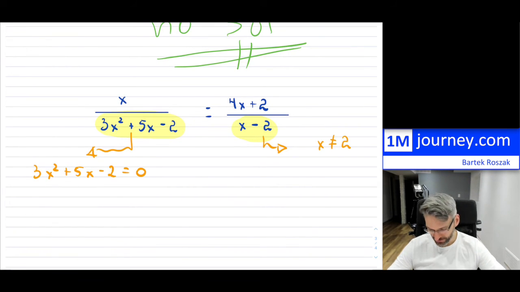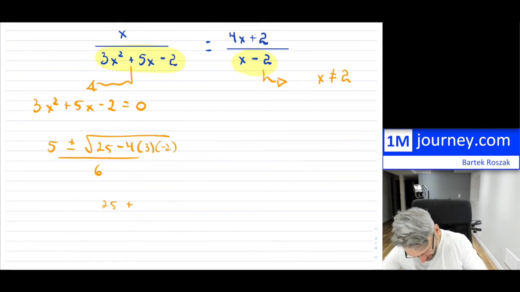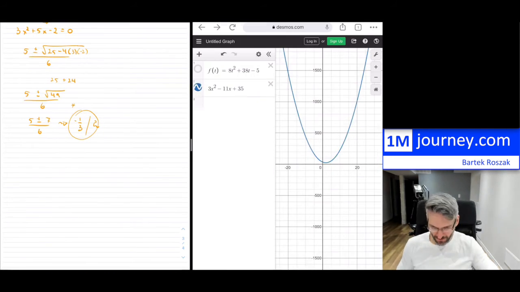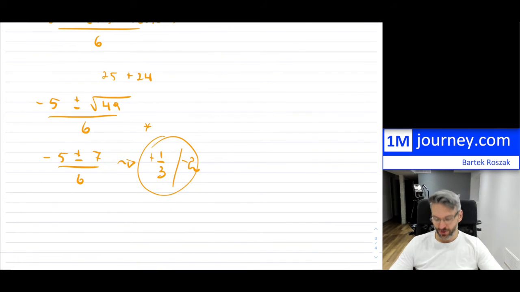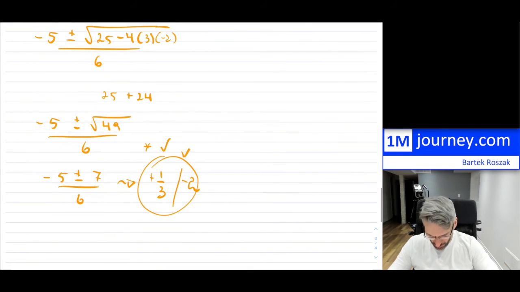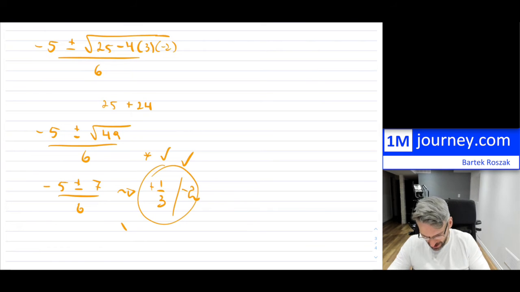And I can do that in kind of fast forward fashion. All right, so here you go. These are the two zeros that we have to be careful with in terms of x. So x really cannot be equal to these.